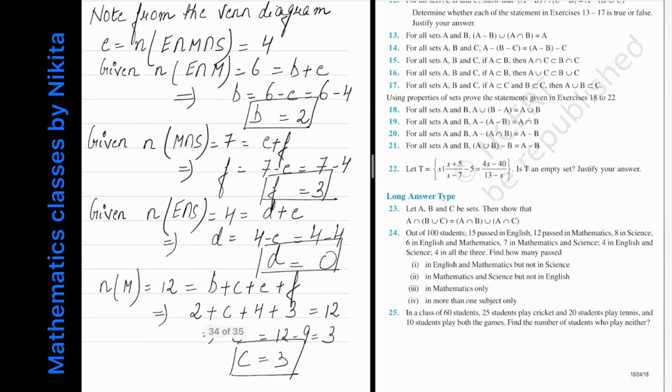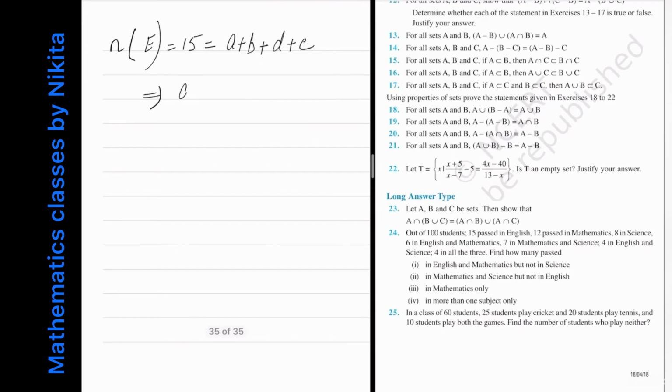So B is 2, then D is 0, and then E we know is 4. This is equal to 15. And from here, A will be equal to 15 minus 6, which is equal to 9. So that means A is equal to 9.